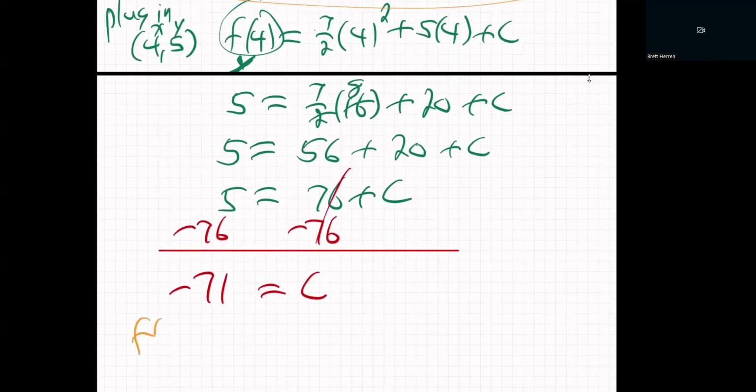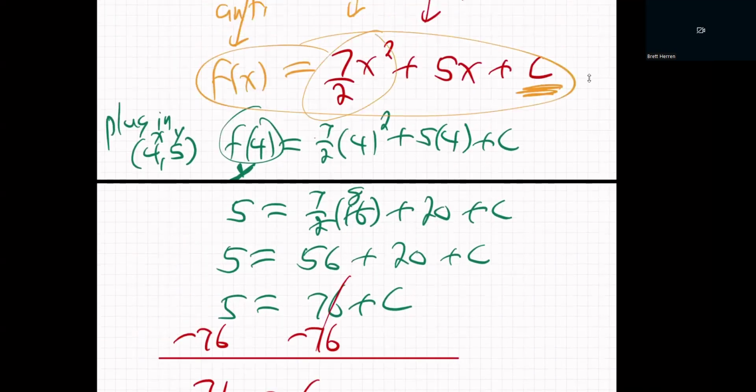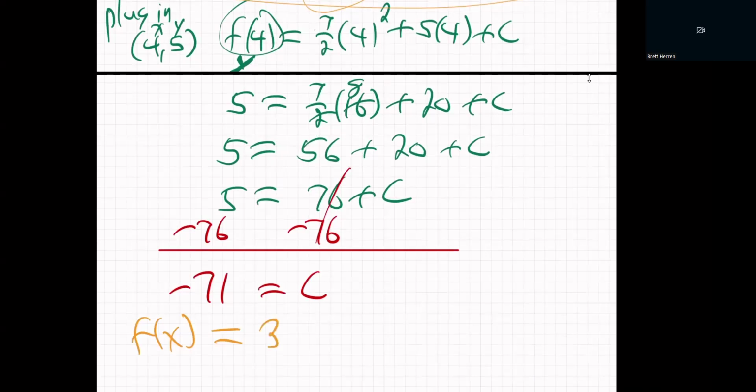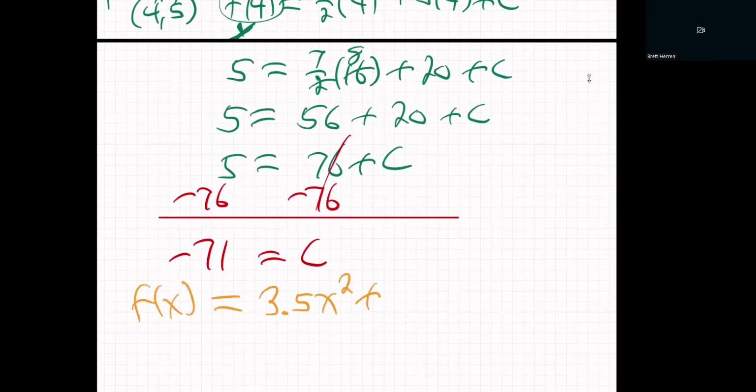So f of x equals 7 halves, which I'm going to make 3.5, x squared plus 5x plus the constant, and the constant is minus 71.